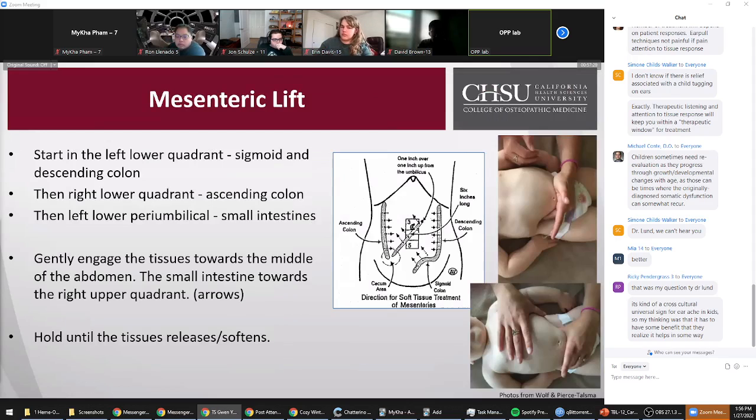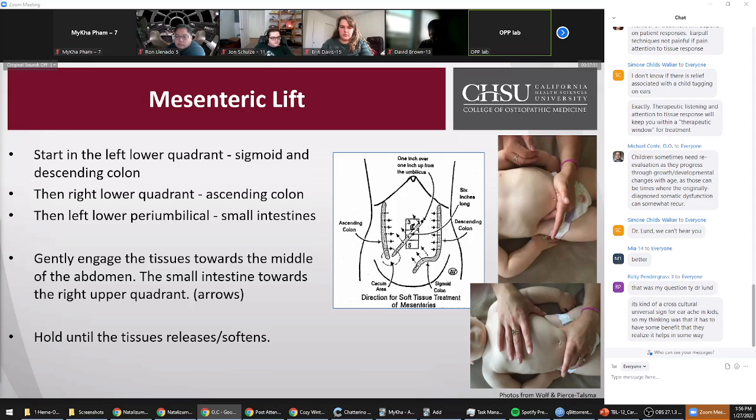We talked about the mesenteric lift and the attachment of the mesenteries to the posterior abdominal wall. I think here it's the exact same thing. You're using a gentle pressure, pulling the visceral contents medially for the most part, but following those posterior attachments.